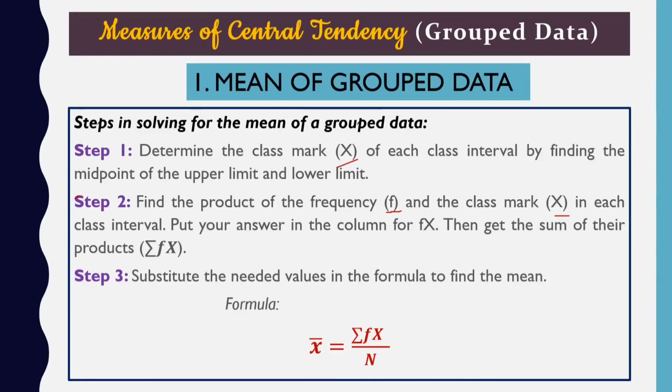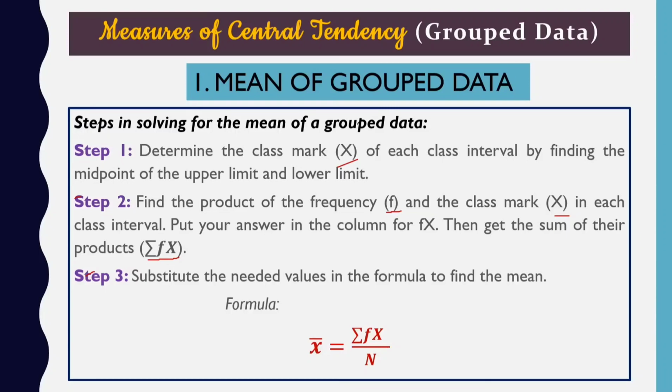We put the answer in the column for f times x, then get the sum of their products, which can be written as the summation of f times x. And lastly, for step 3, we substitute the needed values in the formula to find the mean.